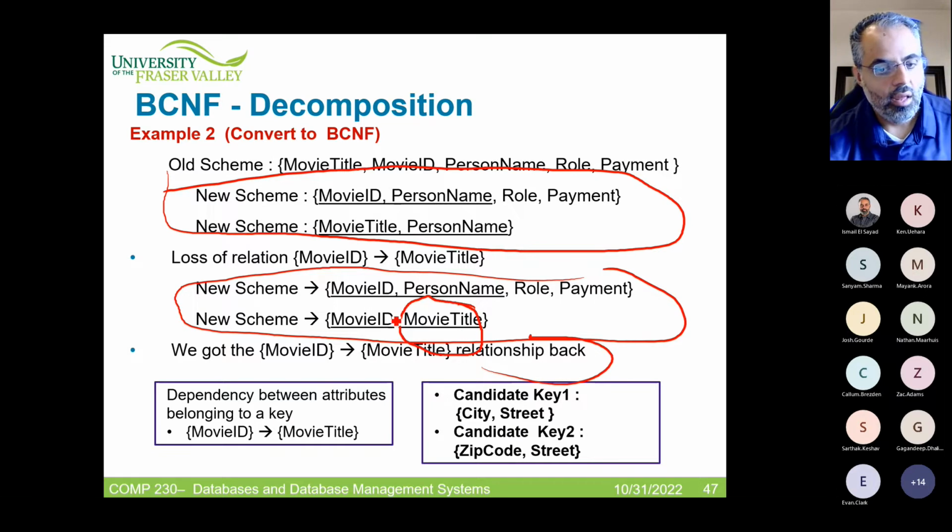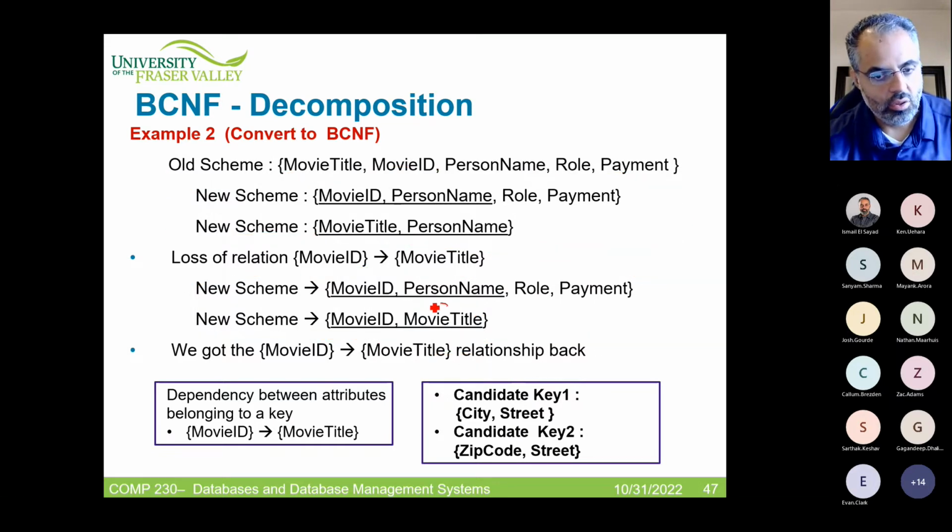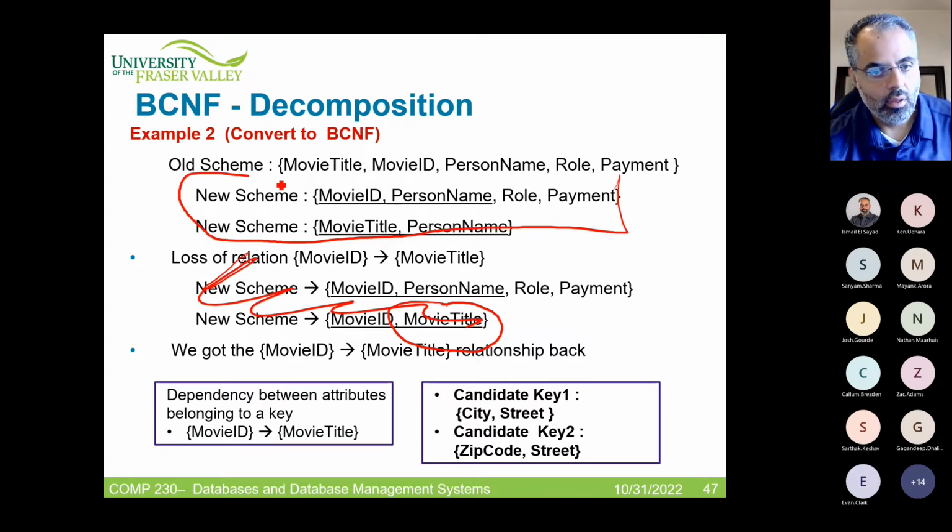In this case, if we consider this movie title as part of the candidate key, then we didn't do our BCNF in a correct way. So now, if I have to keep the optimal BCNF, I have to go to this one. And if I go to this one, then I lost part of the relationship I have.